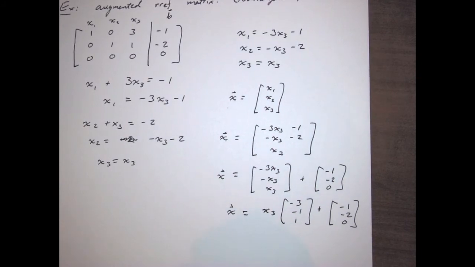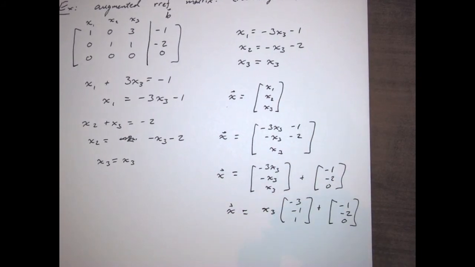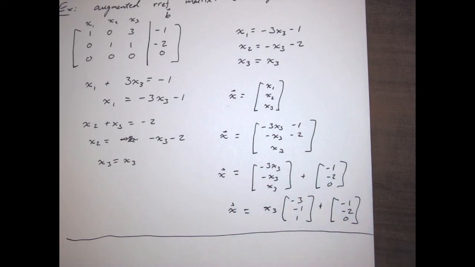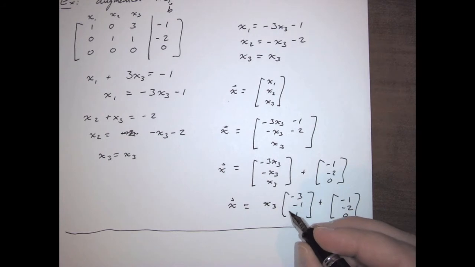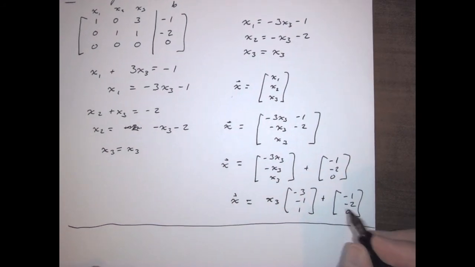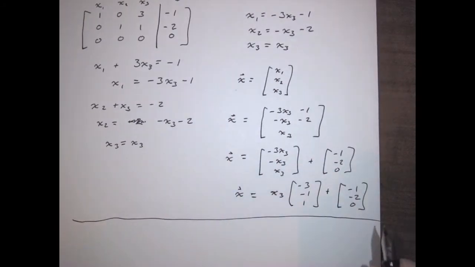Now, the way this shook out is actually going to be the same as in all non-homogeneous cases. What this basically means is that you can always separate it out into the generic solution to the associated homogeneous system, plus one particular solution to the non-homogeneous system.